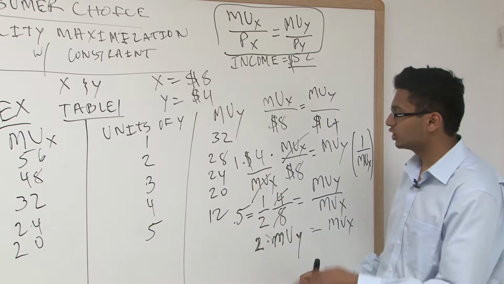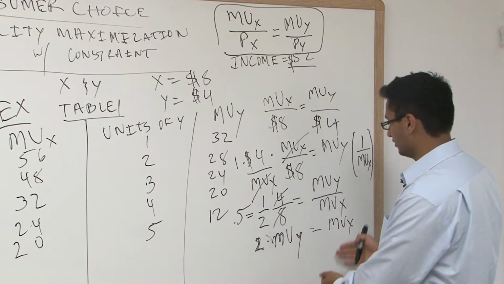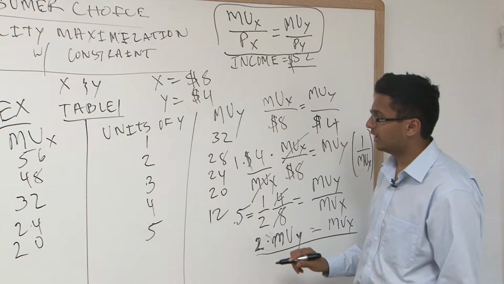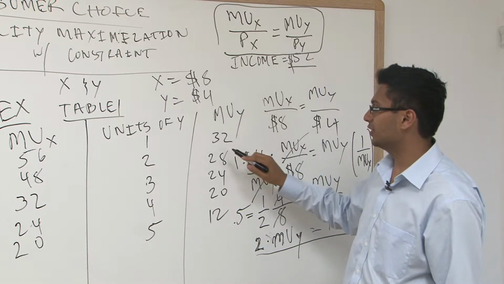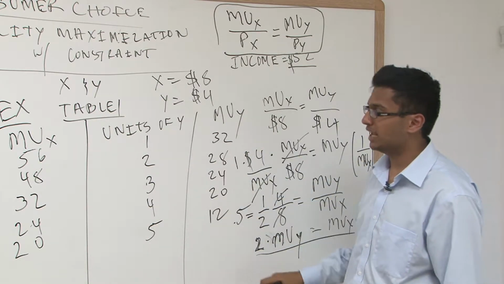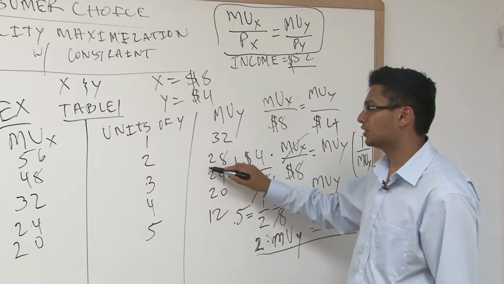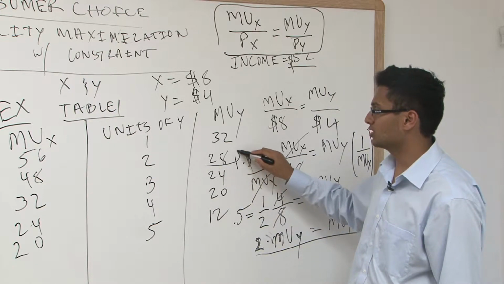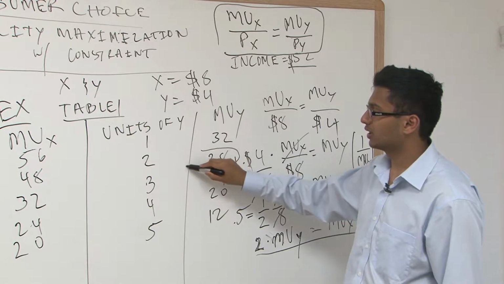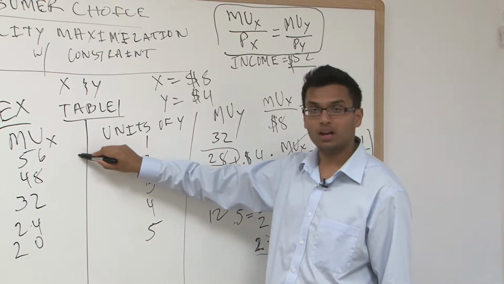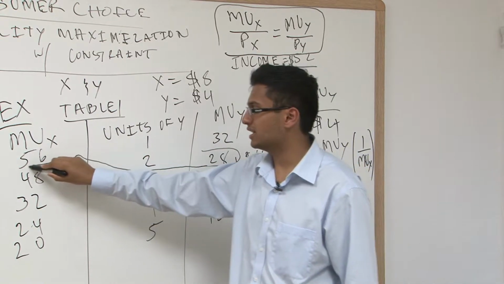So the ones that I get that kind of match this formula, I believe, is the combination of 28, which is 2 units of y, with 1 unit of x. And I'm going to match these out like this.